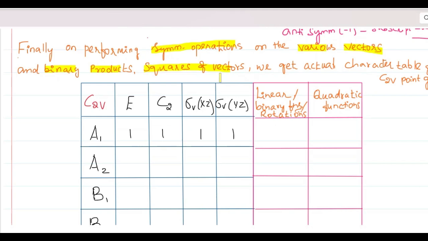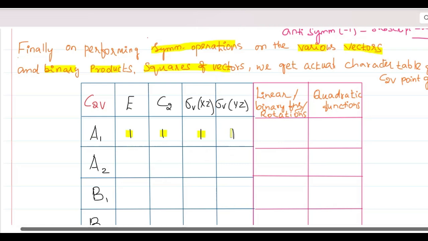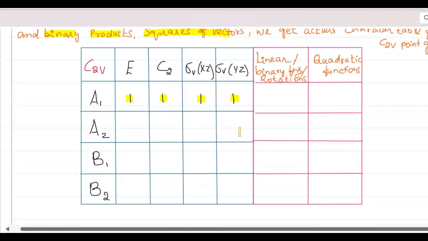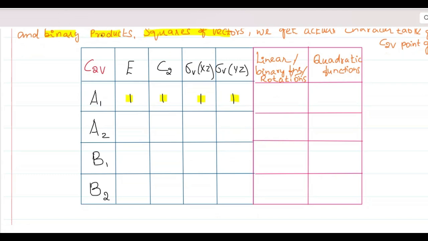So these are all said to be the basis over which the symmetry operations have been performed, and we get the results, the characters. That actually summarizes, against each linear function, binary function or quadratic function, what is mapped over here. That topic is dealt with separately, but here we are just going to write it, summarized. At a later stage we will learn how we get the characters for these basis vectors by performing symmetry operations.